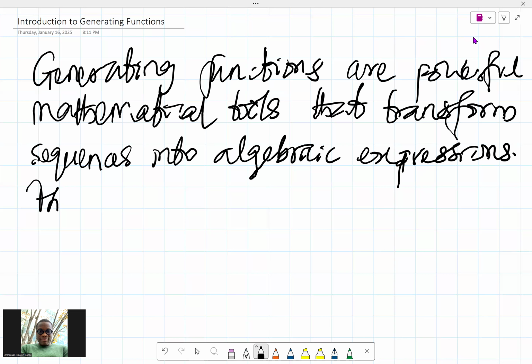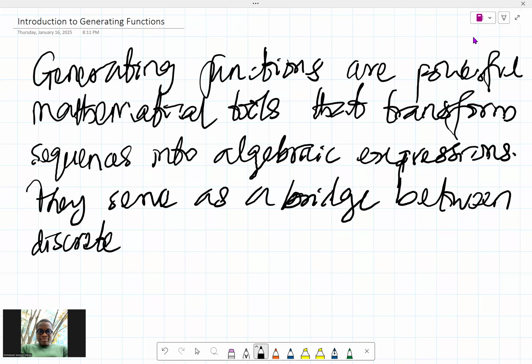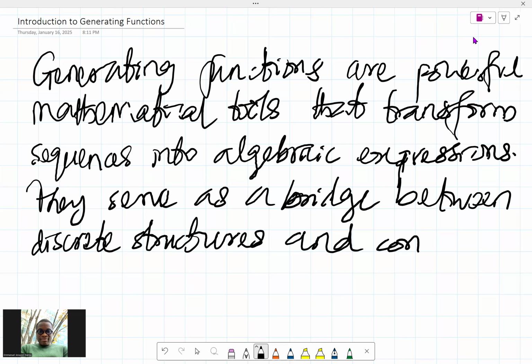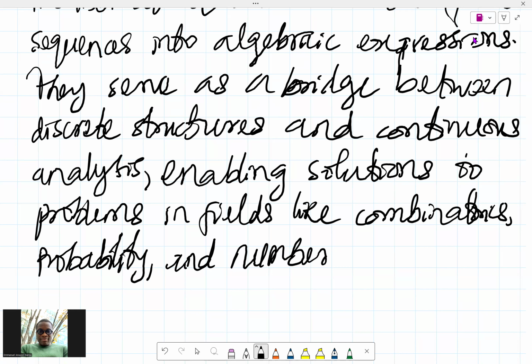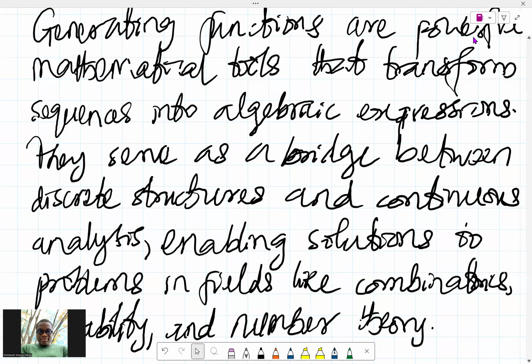They serve as a bridge between discrete structures and continuous analysis, enabling solutions to problems in fields like combinatorics, probability, and number theory. Okay, so welcome to generating functions.